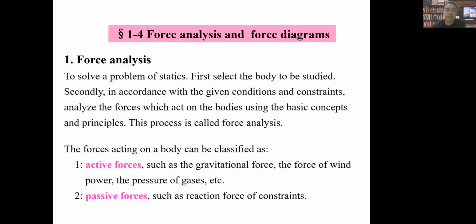If you cannot figure out the correct type of constraint, you cannot do this force analysis correctly, right?